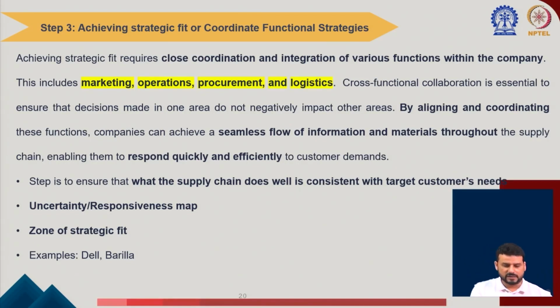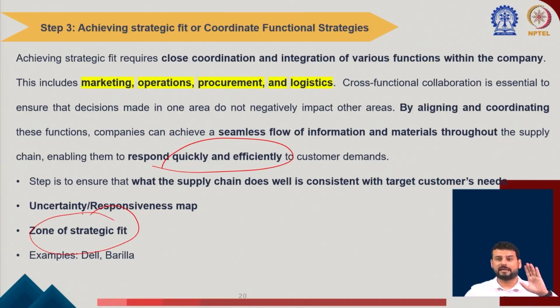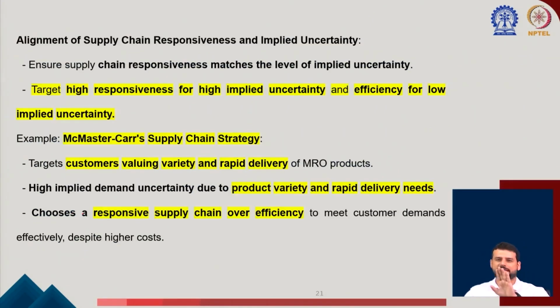So here we will target either quickly responding or efficiently, and we will see the strategic zone, where we will say that if you lie in this zone, you are hitting that strategic fit zone. So, alignment of supply chain responsiveness and implied uncertainty. Implied uncertainty, this is very common sense.